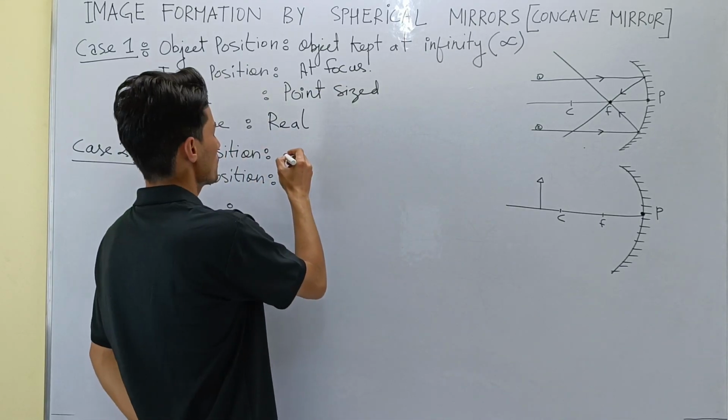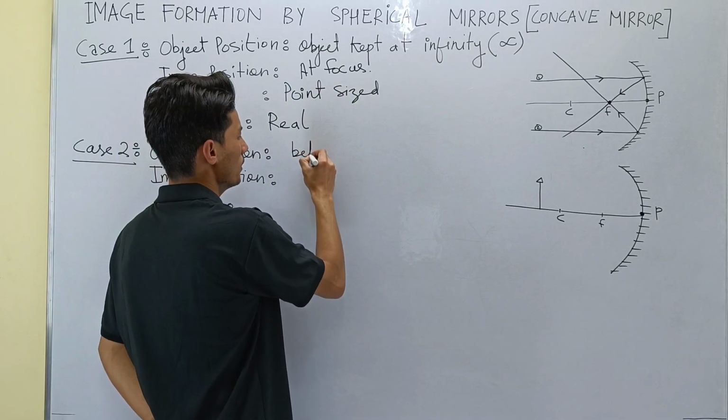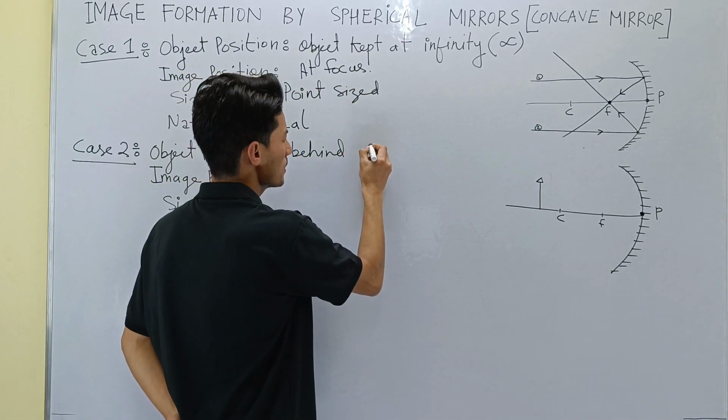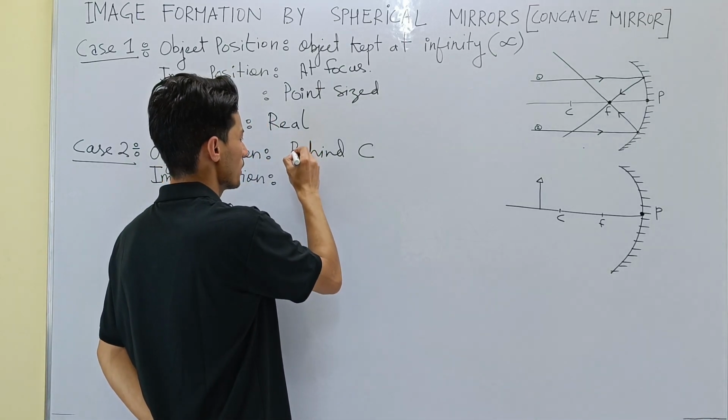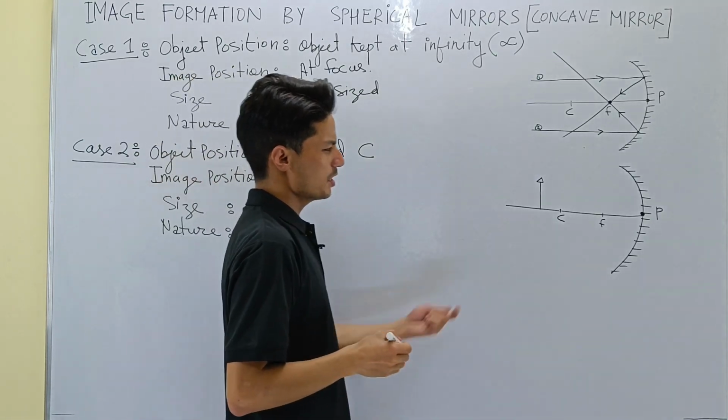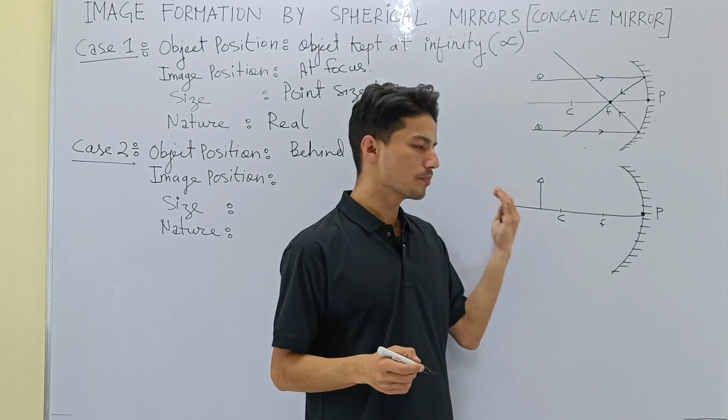Before that, let's write object position: behind C. Why is it called behind C?